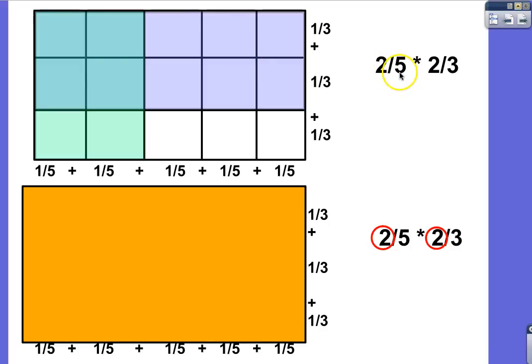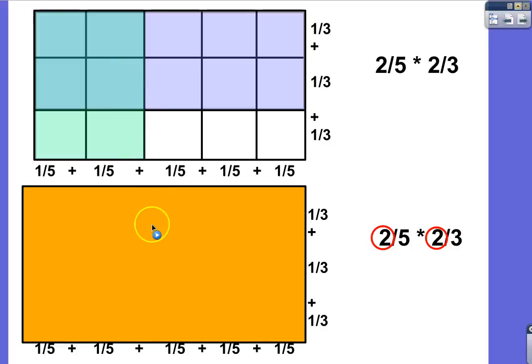So 2/5 times 2/3, I should have 4/15 that is in the overlapping area. There's 1, 2, 3, 4. There's my overlapping colors out of a total of 15. So this reveals my 4/15.